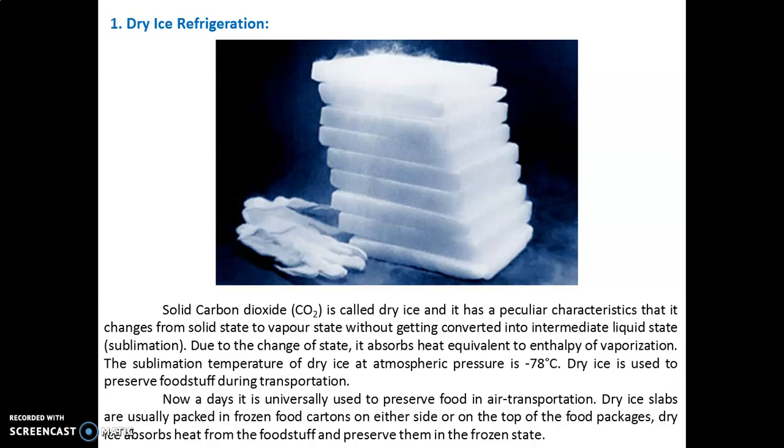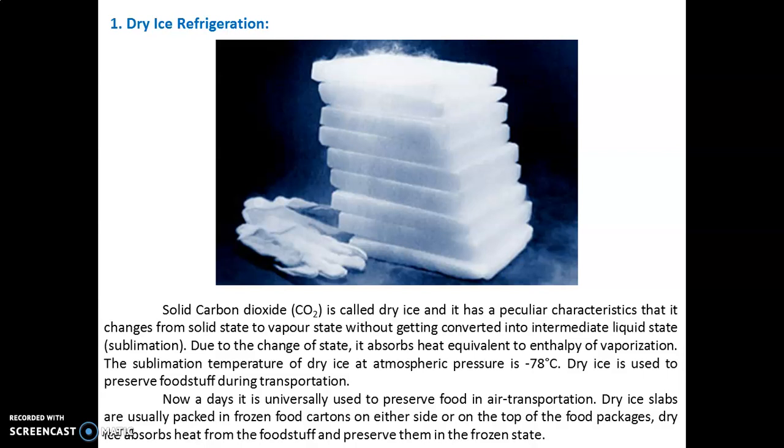Due to this change of state, it absorbs heat equivalent to the enthalpy of vaporization. The sublimation temperature of dry ice at atmospheric pressure is near about minus 78 degrees Celsius.